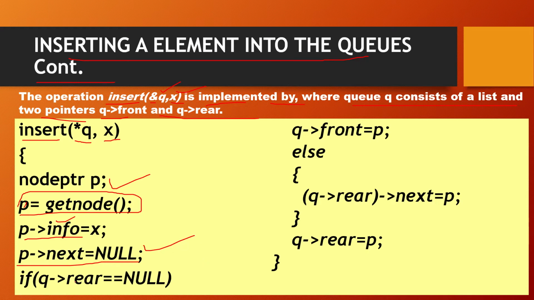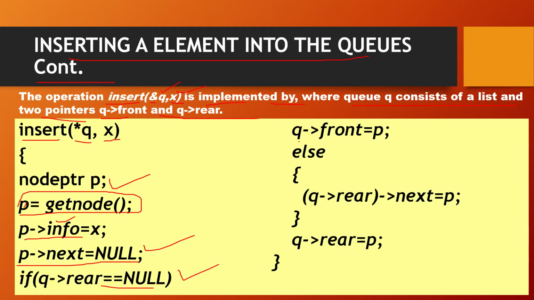Now we check if Q rear is equal to null. It means the queue is already empty and this is the first element that we want to insert. If Q rear is equal to null, it means Q is empty.